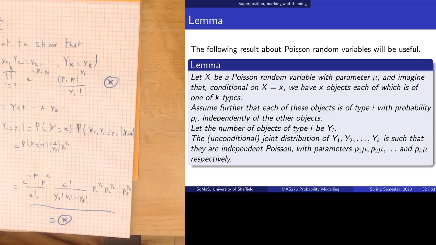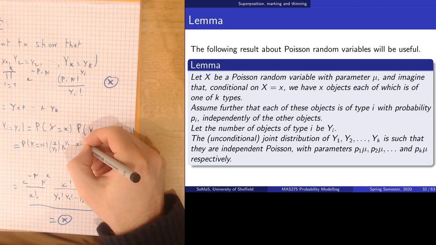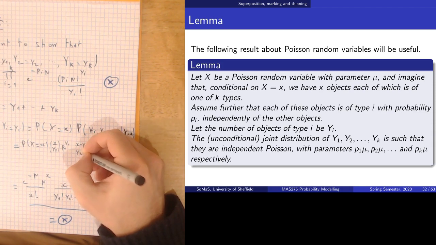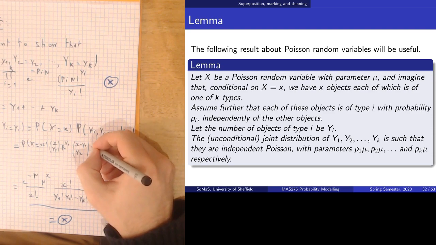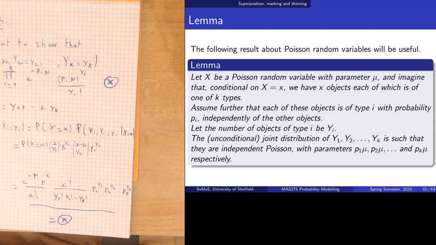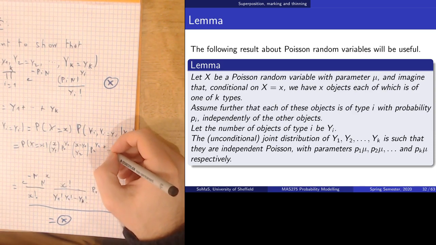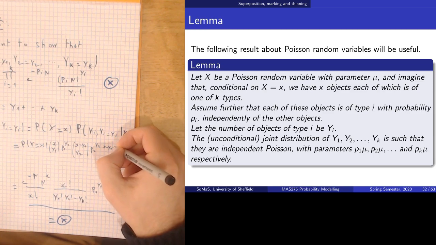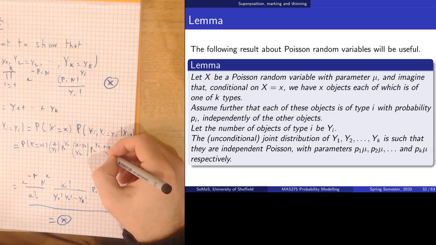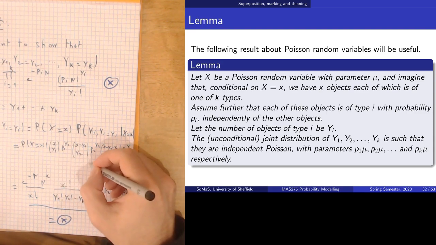Then choose the elements of type 2. We're going to get x minus y1 choose y2 times p2 to the y2. Then choose the number of people of type 3. We get x minus y1 minus y2 choose y3 times p3 to the y3, and so on.